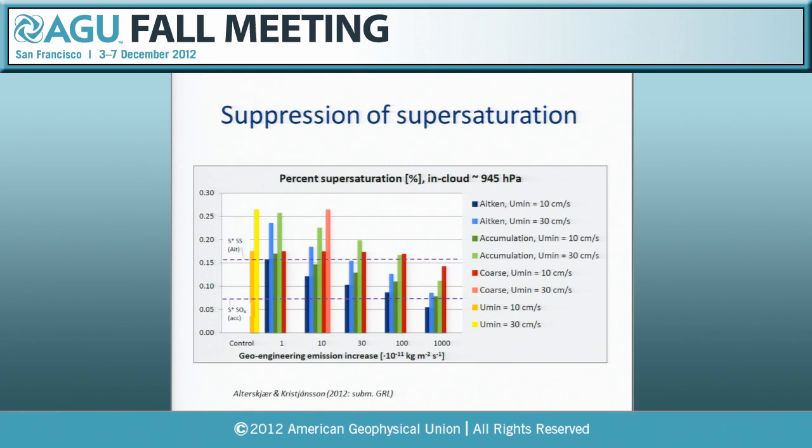So in the first case we are doing okay with respect to that. But as we go to higher injections, we get supersaturation lower than what's needed to activate the sea salt. So both the sea salt we're injecting and the background sea salt of that same mode will not be activated anymore. Okay, thanks very much.